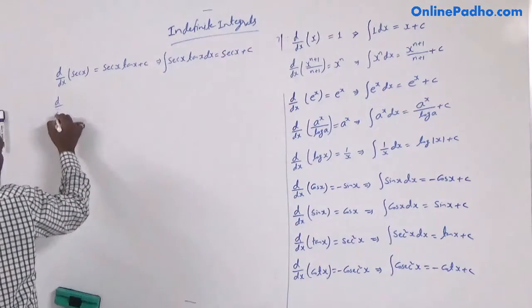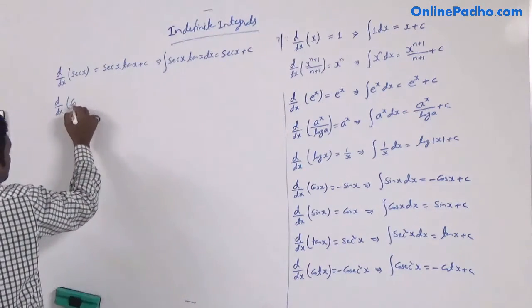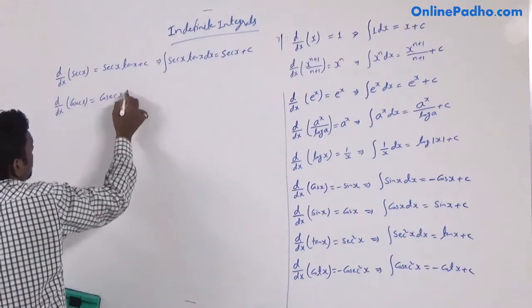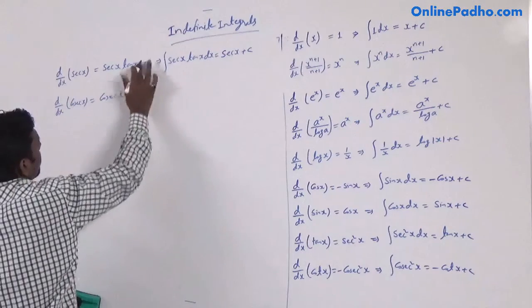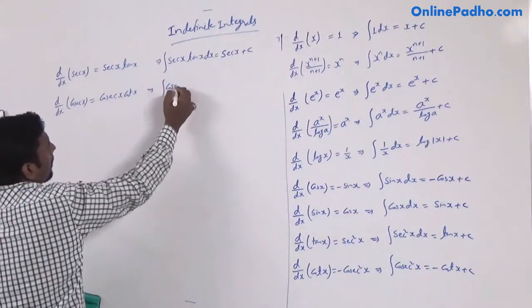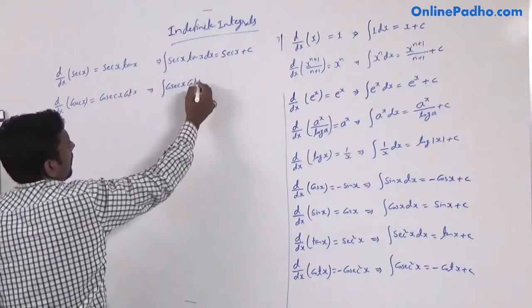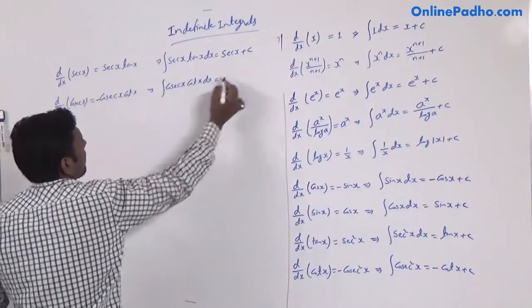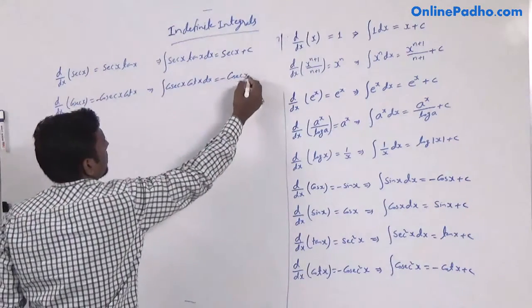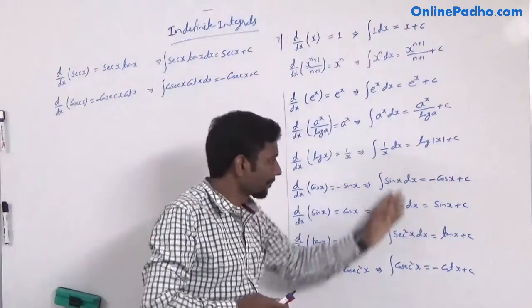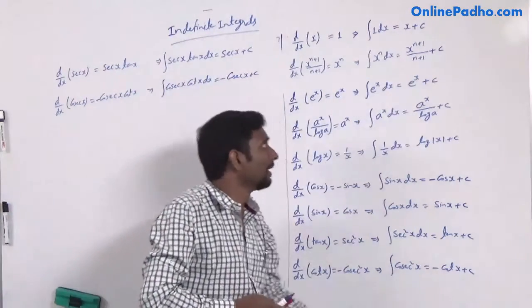The derivative of cosec x can be written as minus cosec x cot x. So the integration of cosec x cot x with respect to x is equal to minus cosec x plus c. So these are the basic formulas for integration.